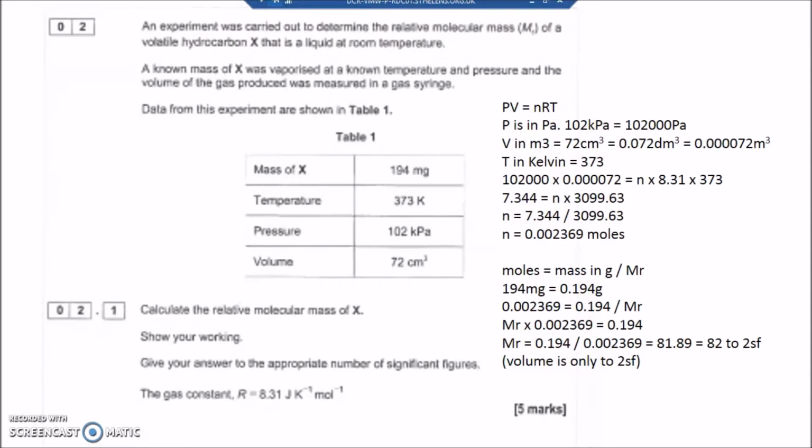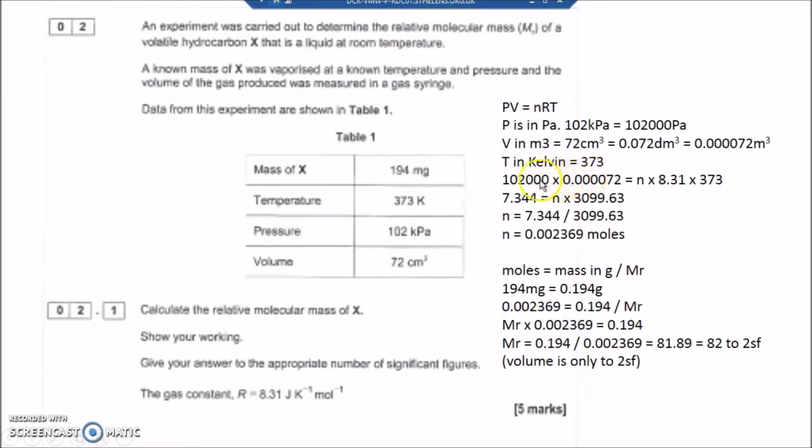So now PV equals nRT, pressure 102,000 multiplied by volume 0.00072 equals n, the number of moles, that's clearly what we've got to find out, multiplied by R, the gas constant, and we've been given that, multiplied by the temperature 373.